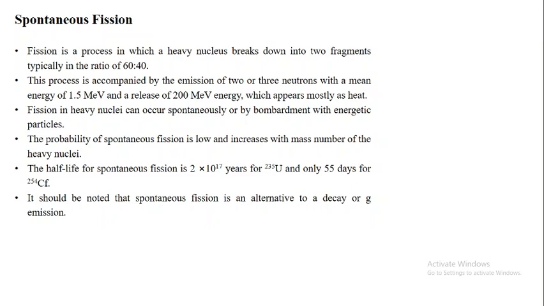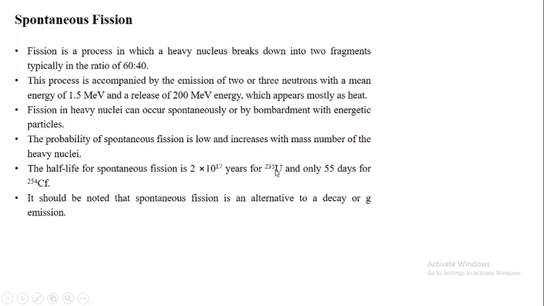Another thing, the probability of spontaneous fission is low and increases with the mass number of the heavy nuclei. So most of the time, we do this fission by the bombardment of neutrons. If we look at spontaneous fission without bombardment over the target material, which has a heavy nucleus with atomic number more than 82, an example is uranium 235.